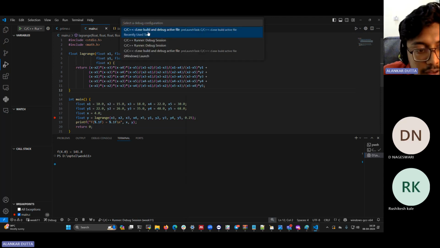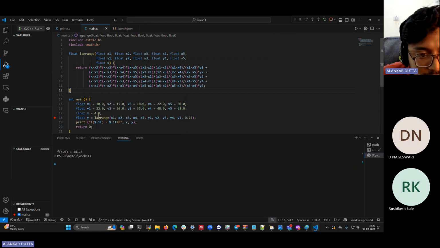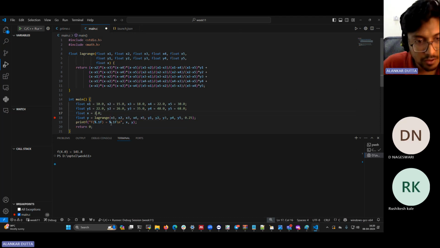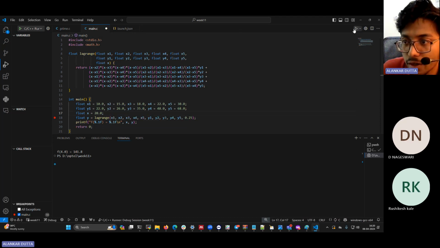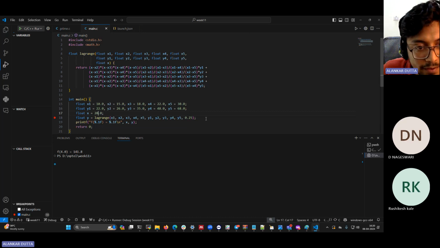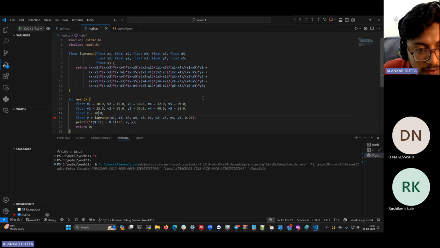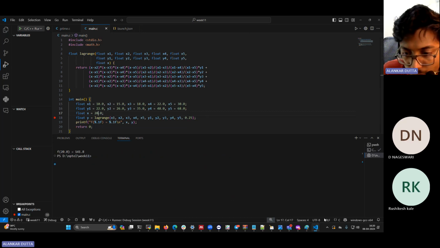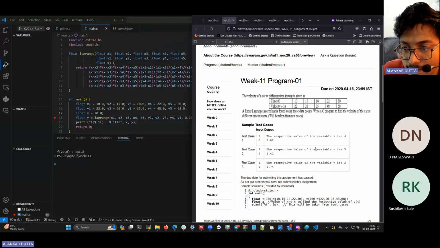So okay, let's run the test case where we look for a value of 20. 141.8, 41.62. So I think this is not making sense at all.